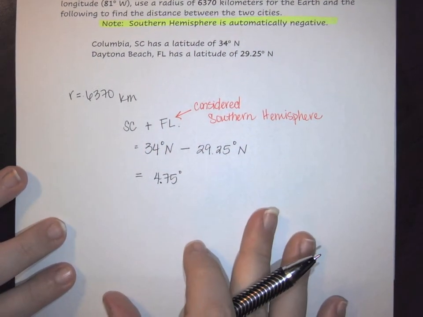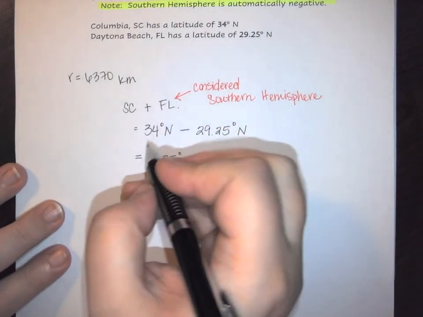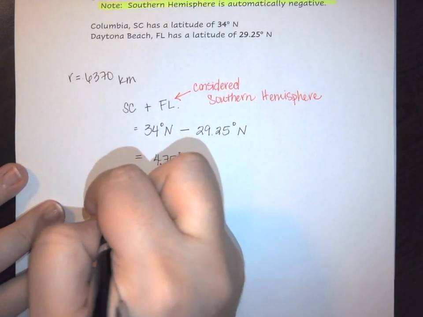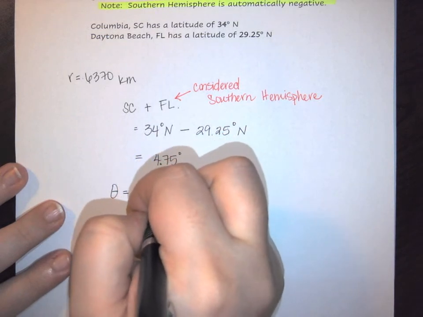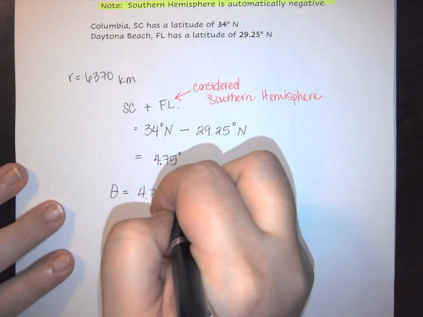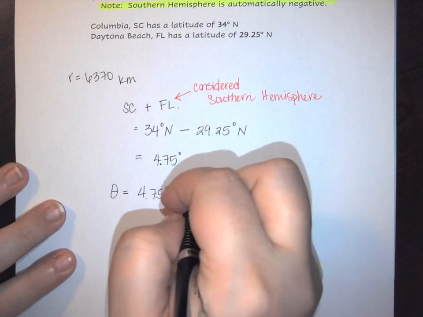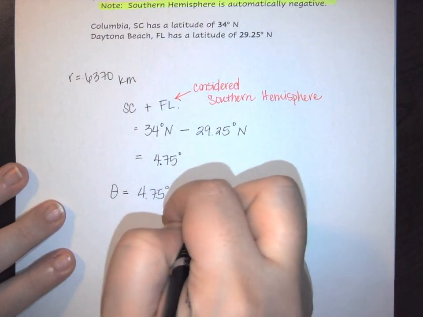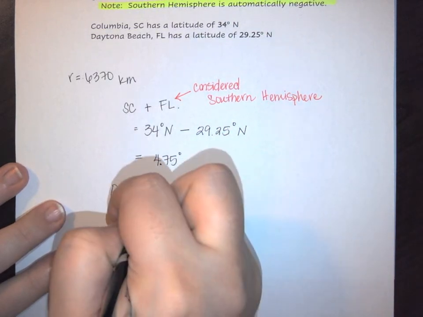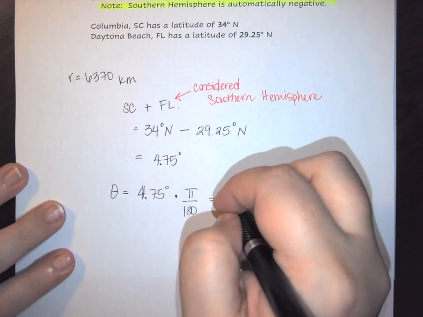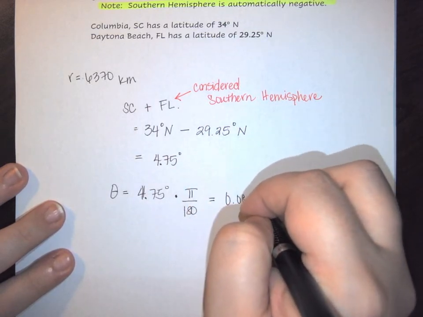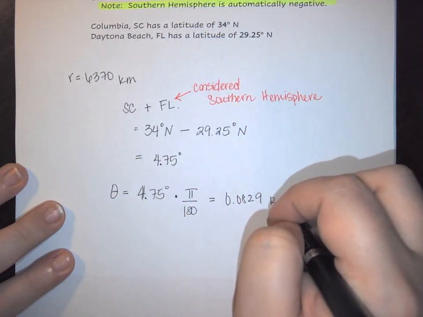Now once we do that, we have to be able to use this to find our radians. So we're going to take this measure, 4.75 degrees, and we're going to convert this into radians. We're going to multiply by pi over 180. And in this case, this becomes 0.0829, and this is radians.